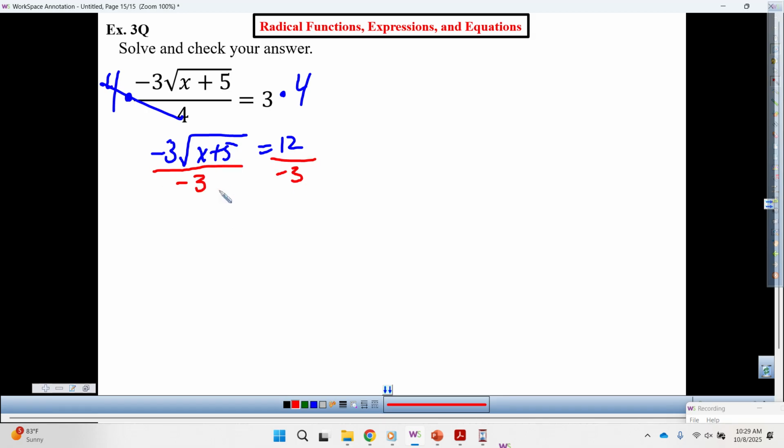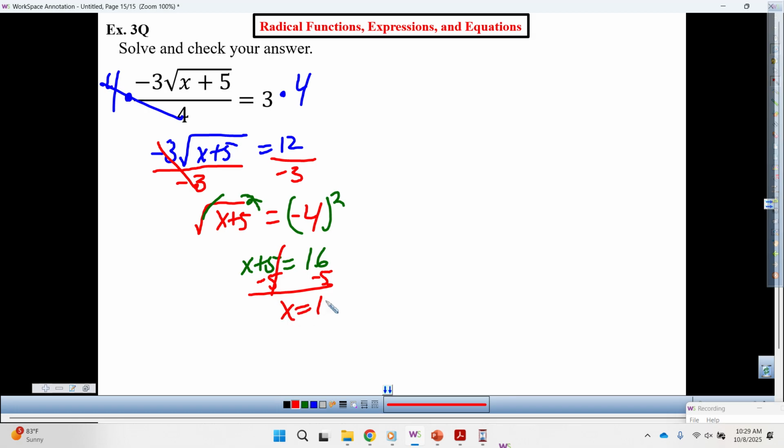That leaves us with square root of x plus 5 equals negative 4. What to do next, Julian? Square it. x plus 5 equals 16. And last but not least, everyone, minus 5, x equals 11.